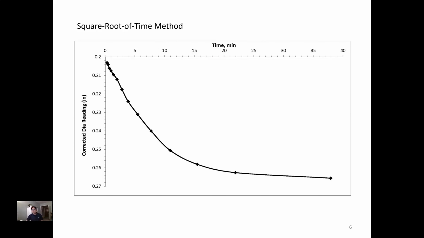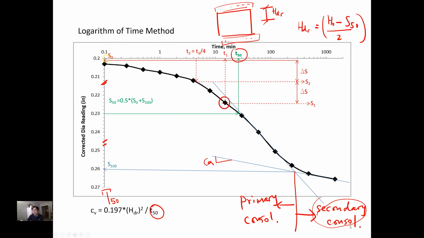Okay, finally is the square root time method. This procedure requires the time on the x-axis to be plotted or calculated by square rooting the numbers. So whatever you see on the x-axis here is the same data point we had previously, but instead of putting it on a log scale, it has already been square rooted.